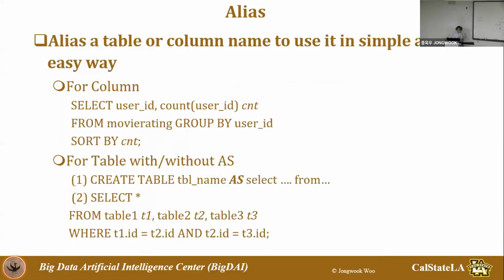Okay. Now let's move on to alias. You already are used to alias, but let's take a look at it again. So for example, if you want to alias a function call result.